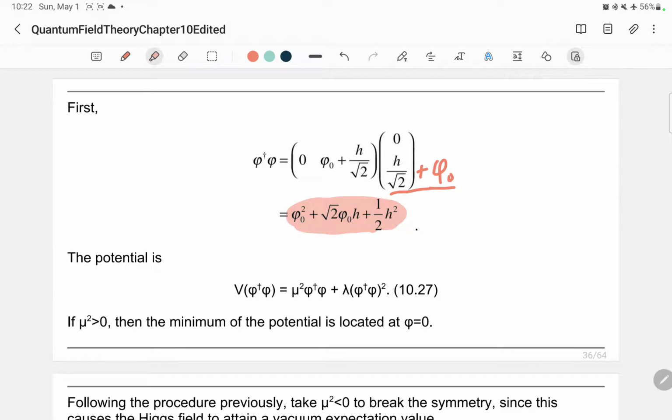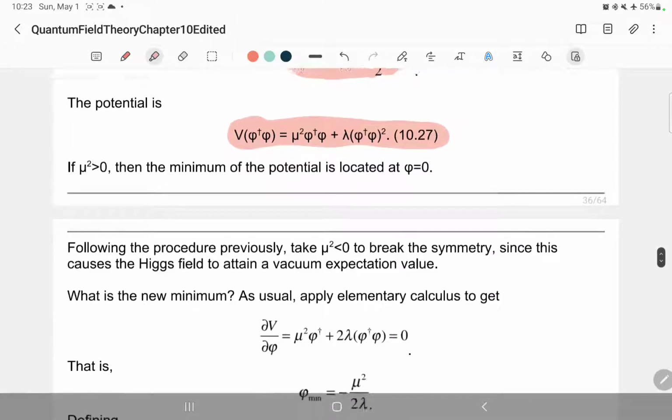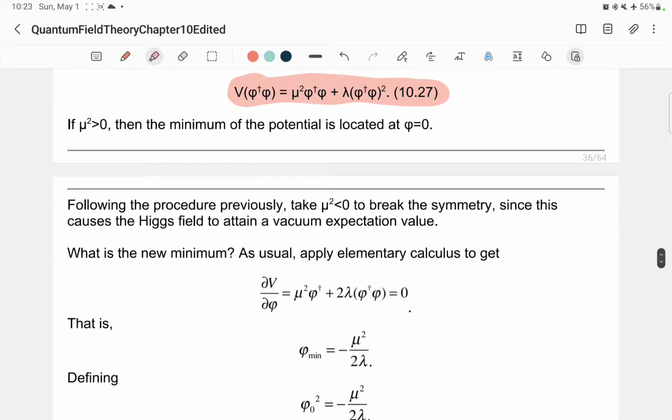And so the potential is of course given by this. So if mu square is greater than 0, then the minimum of the potential is located at phi equals 0. And for mu square less than 0, the symmetry will be broken, and this will cause the Higgs field to attain a vacuum expectation value.